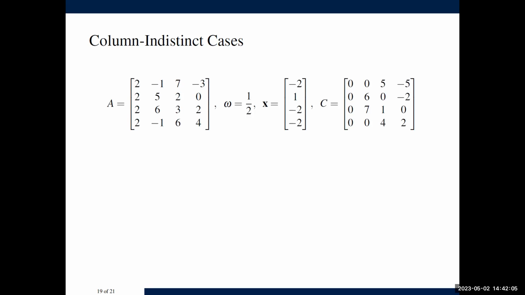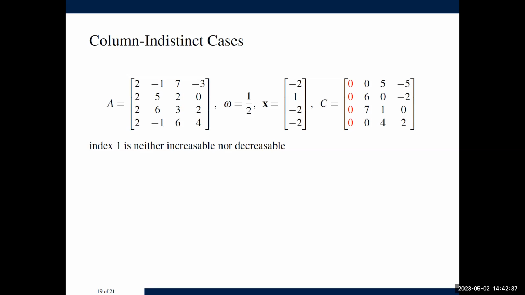So this is matrix A, the omega, and the solution which is fully active from the previous examples, and this is the corresponding C. Now we look at the first column, which is in red. We cannot increase nor decrease it. When we increase this value of x, which is -1, to something bigger, then this one becomes positive.